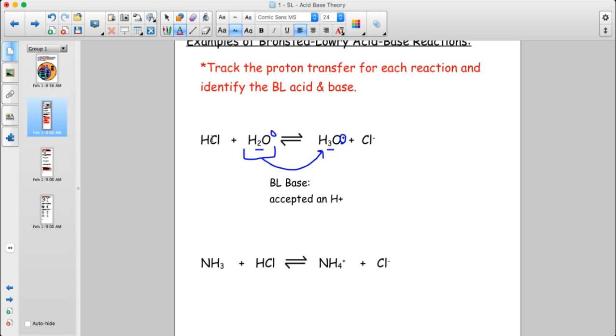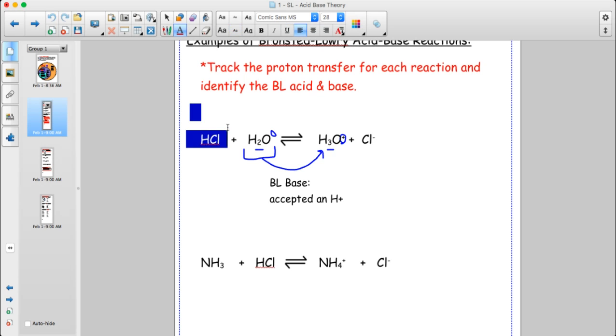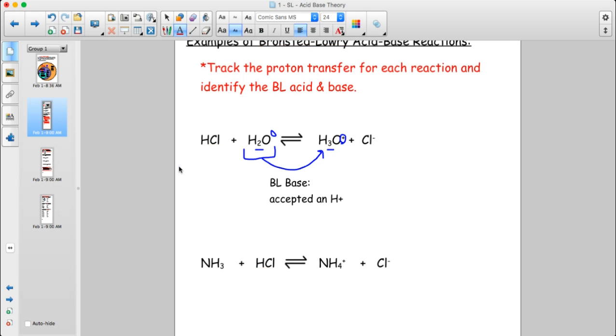Whereas if I look at the HCl, I can see it starts as HCl, and afterwards it's just Cl minus. It's lost an H and a positive charge, so that now it has a negative charge. So HCl is your Bronsted Lowry acid. It donated a proton.